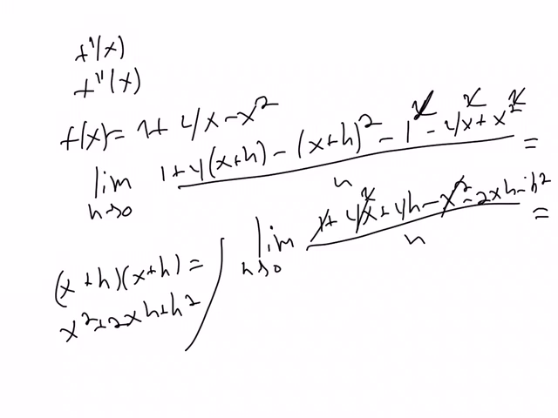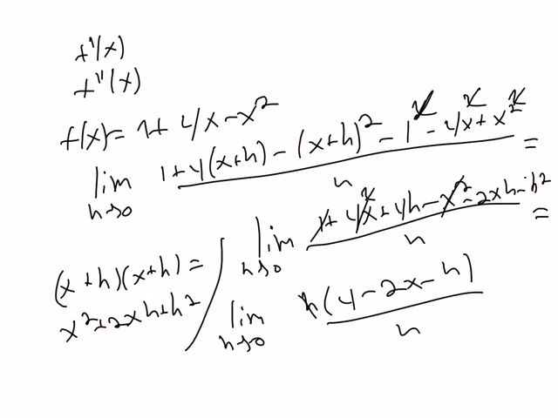I'm going to take out an h, so I'm going to get the limit as h goes to 0 of h times 4 minus 2x minus h, over h. These are going to cancel. As h goes to 0, this becomes, so f prime of x is 4 minus 2x. So let's write that down. f prime of x is equal to 4 minus 2x.